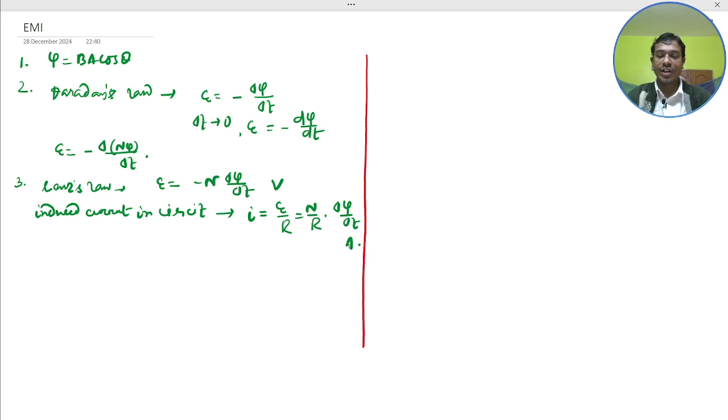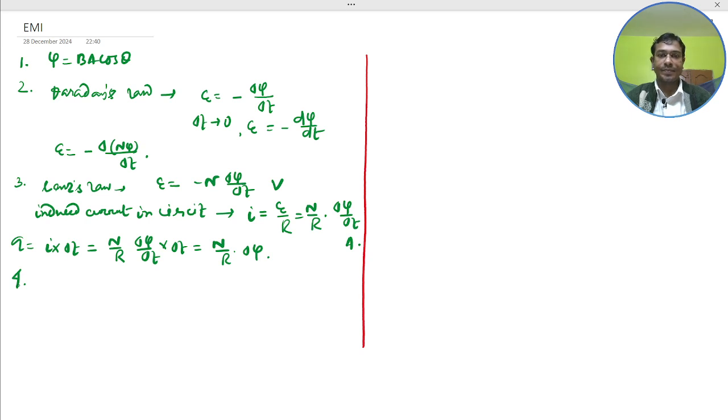And the induced charge in the circuit: q equals I into del t. Just put this value, n by R del phi by del t into del t, which becomes n by R into del phi.